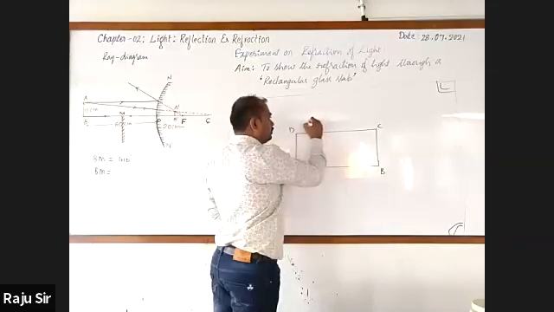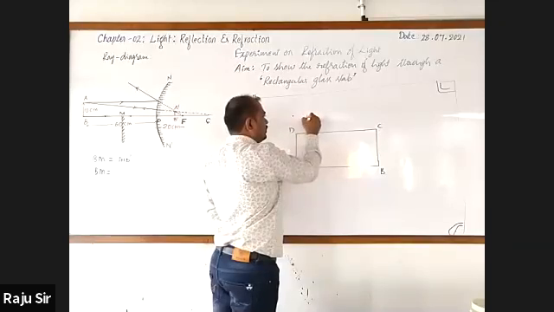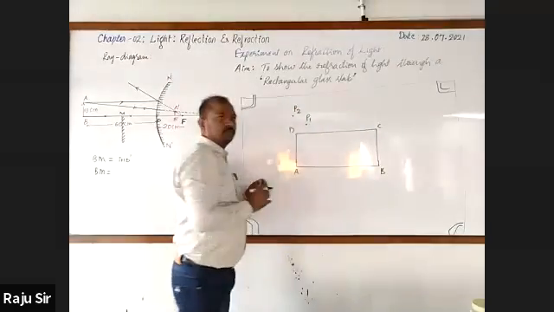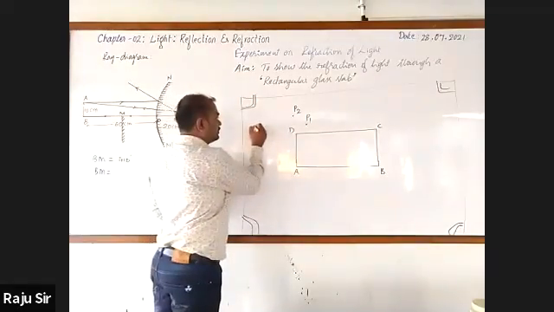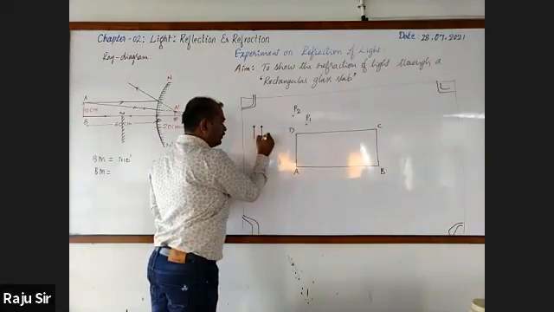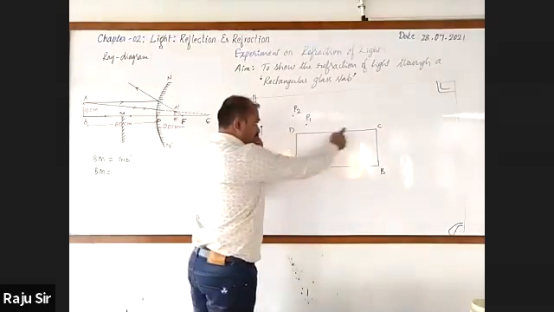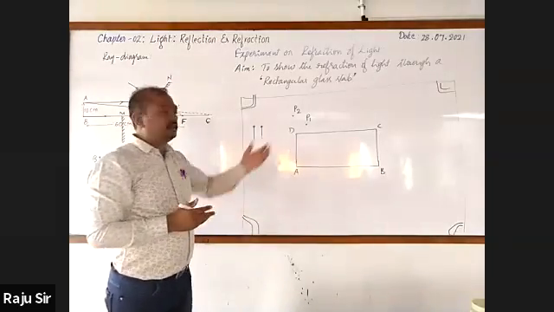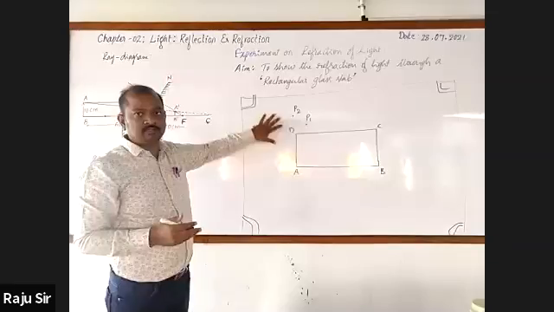I'm going to take two pins. This is the first pin P1 and the second pin P2. You need to fix these two pins against the surface CD, and these pins should be perpendicular to the drawing sheet.